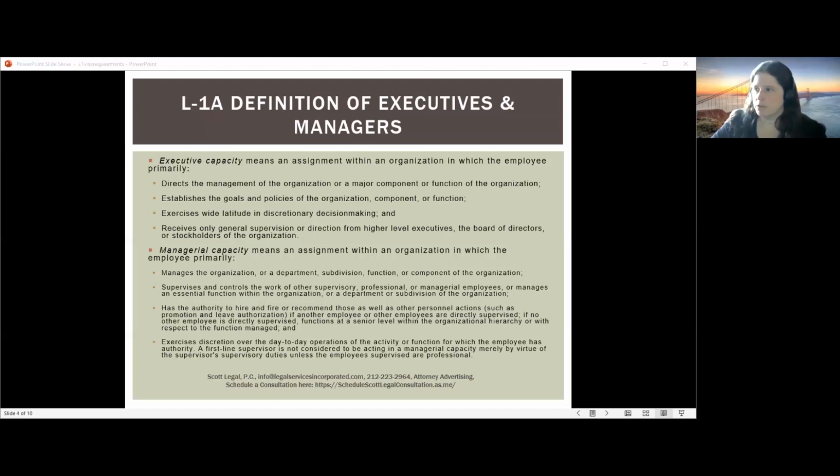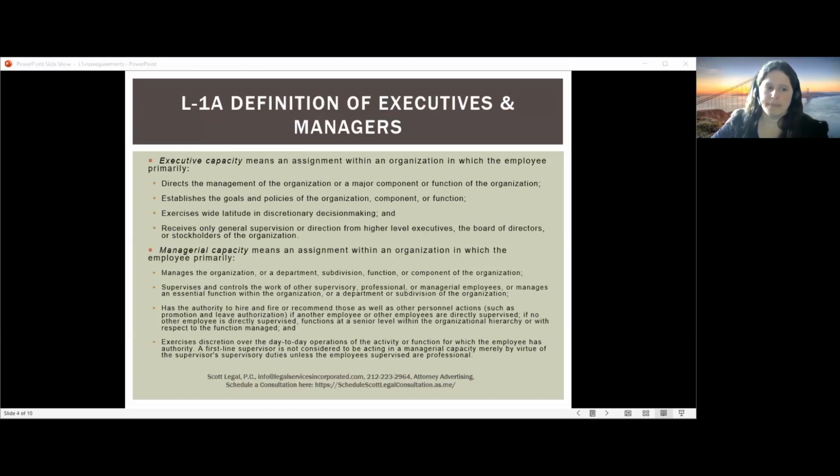An executive is someone who's going to direct the management of an organization or a major component or function, establishes goals and policies, exercises wide latitude and discretionary decision making, and receives only general supervision from higher level executives or perhaps from a board of directors.